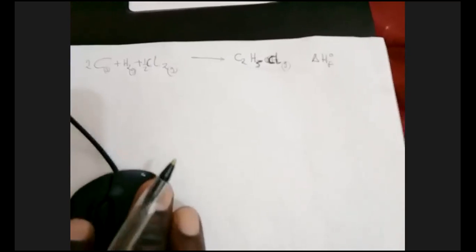Let me just counter check on the question. C2H3Cl. Yeah, so it is 3 here.